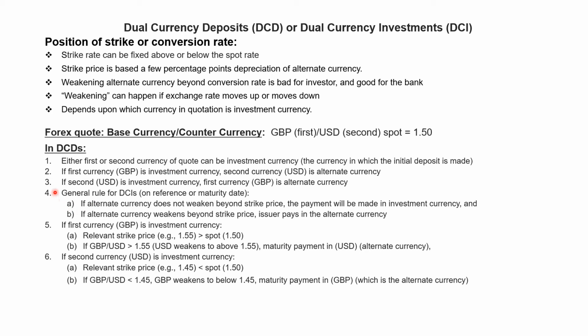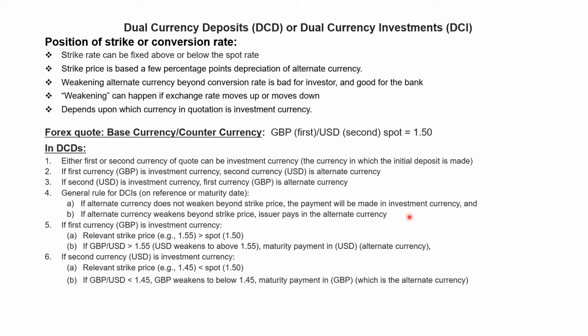A general rule for DCIs on the reference or the maturity date is that if the alternate currency does not weaken beyond the strike price, the payment will be made in the investment or the placement or the original currency. And if the alternate currency weakens beyond the strike price, the issuer will pay in the alternate currency. He is not bound to do so, but he will do so because it makes financial sense.